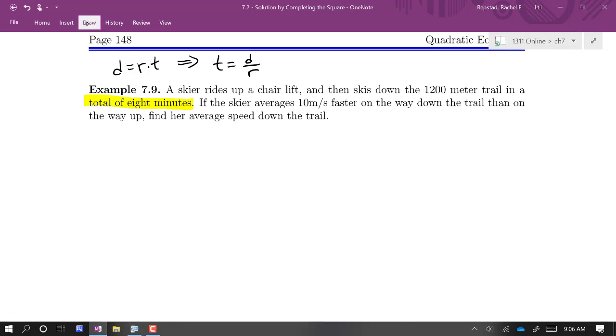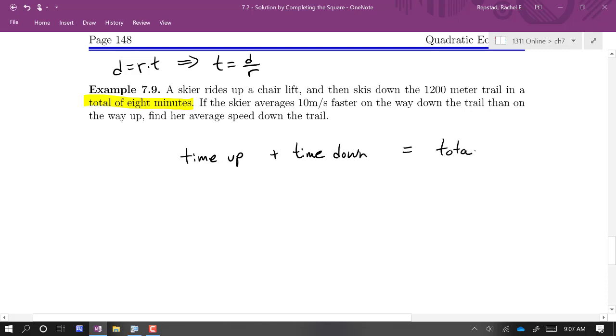All right, so I'm going to make an equation that has this basic structure, that the time it takes to go up plus the time it takes to go down is equal to the total time. Now, each of these times is a distance over a rate.